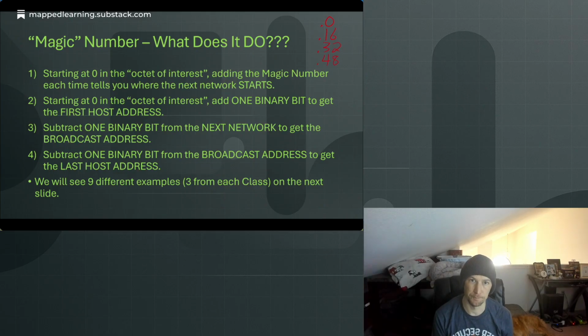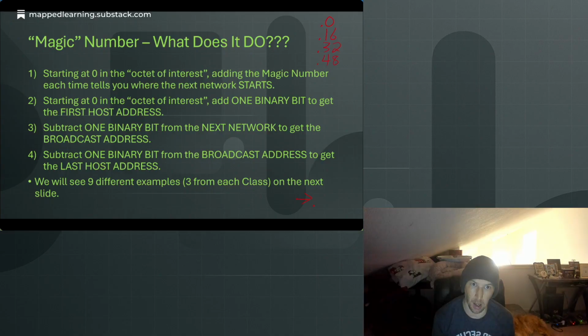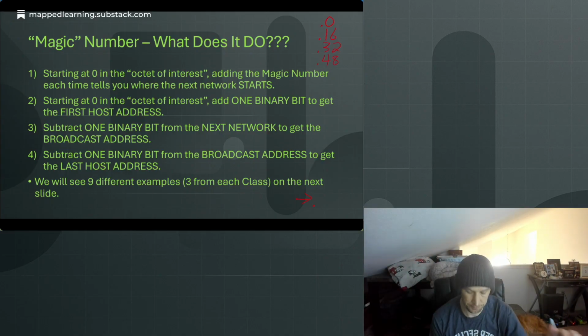How far does it go? Well, it goes as far as when you get to the last number, which ironically is going to be the new subnet mask in the octet of interest, 240. Why?